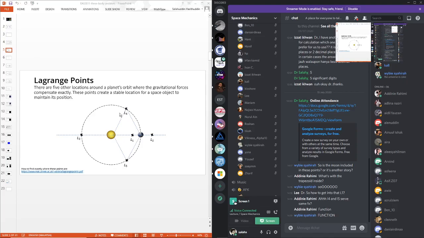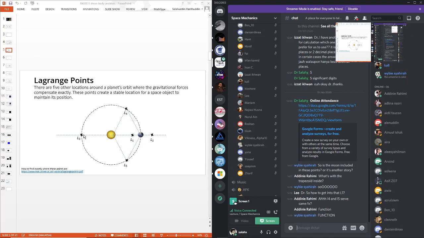Right now, we are not talking about a function yet. I wouldn't say it's a function. Let's say it's an interesting thing that happens when you consider the three-body problem. You find these five points can act as stable points for applications, spacecraft or whatever.